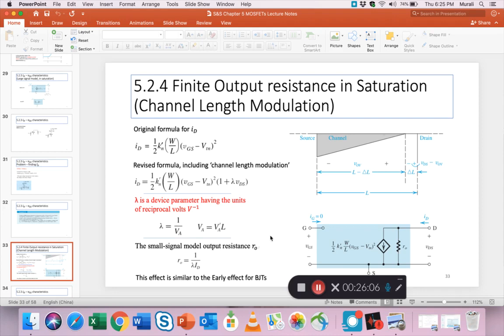This is a busy slide, but I have to bring in these two formulas. Lambda equals 1 by VA, where VA equals VA prime times length. These are all used in problem solving, so I thought I might as well bring these to your notice. You'll see how they are used in problems.